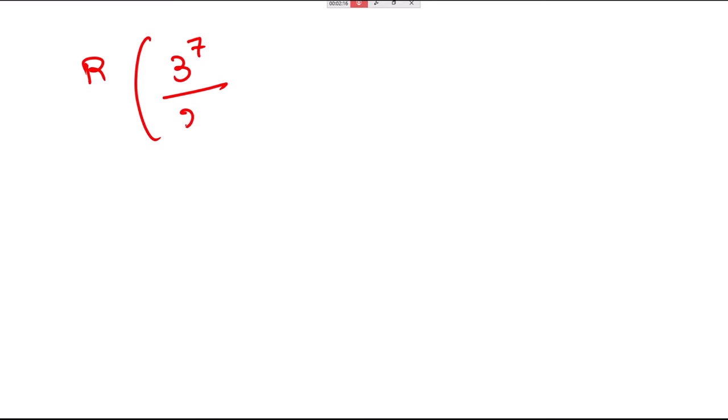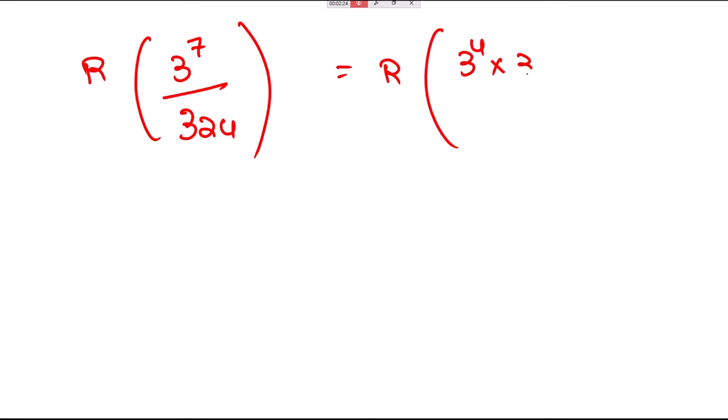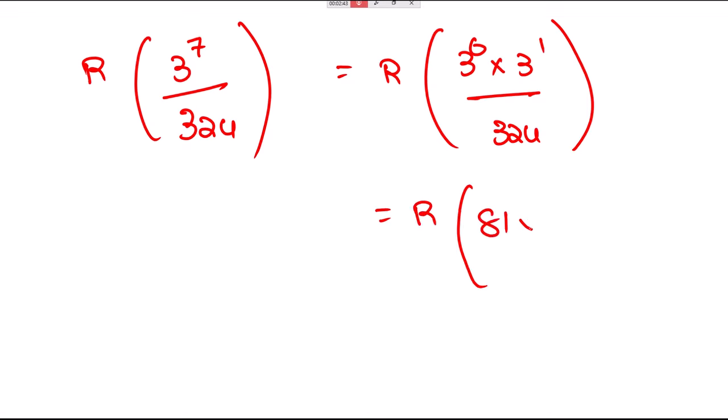3 power 7 divided by 324. This is difficult to analyze if I don't know the 3 power 7 value, but no problem: 3 power 4 into 3 power 3 would be hectic, so instead 3 power 6 into 3 power 1. 3 power 6 is nothing but 729, which gives remainder 81.